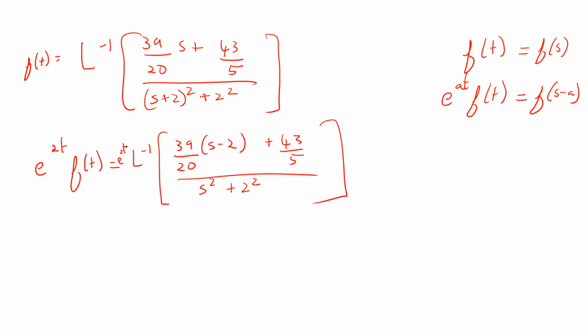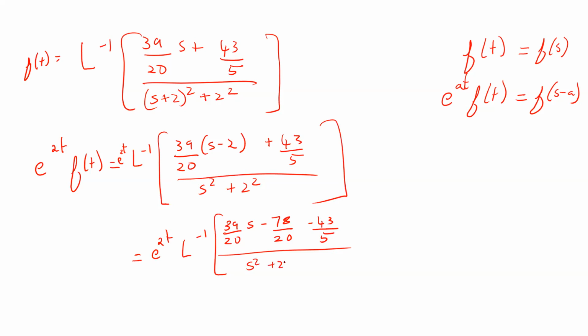So the Laplace inverse of this quantity is nothing but, I multiply this out, 39 by 20 s minus 78 by 20 minus 43 by 5 divided by s square plus 2 square.